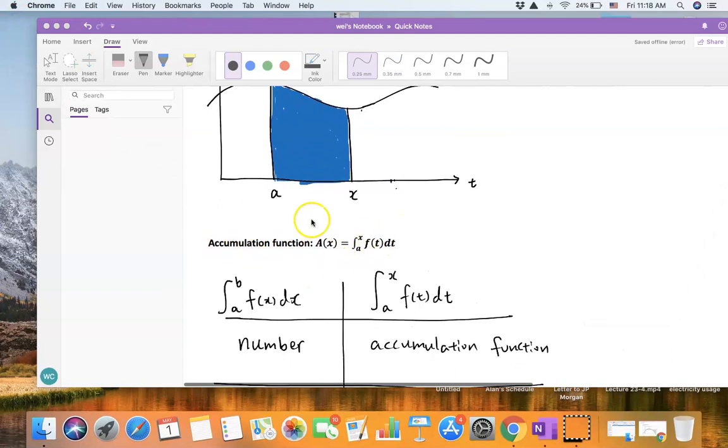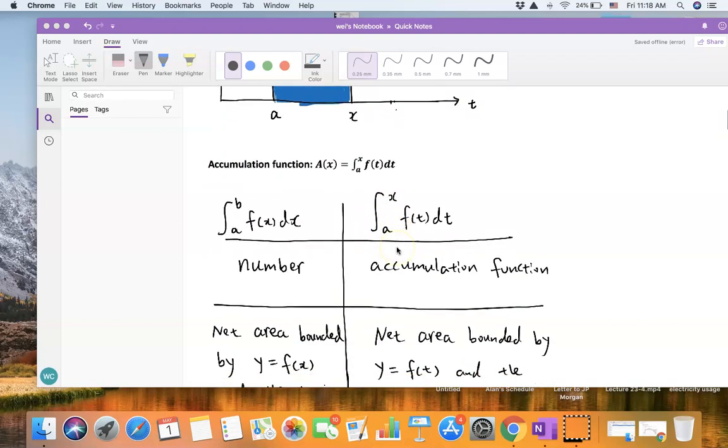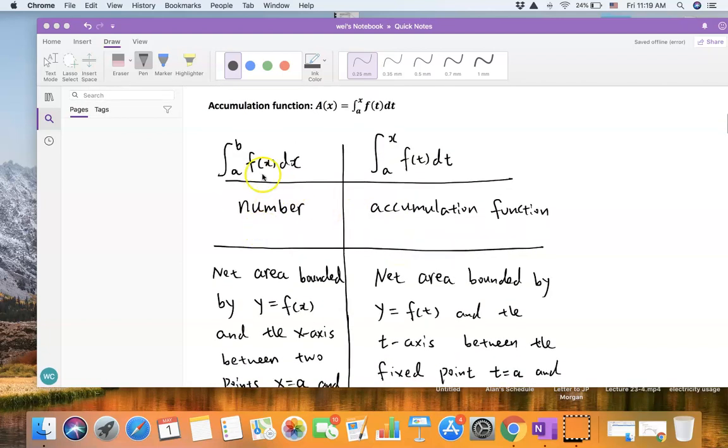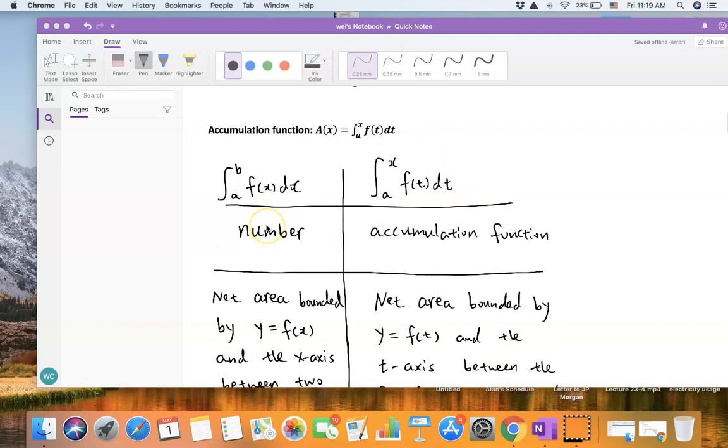So the accumulation function is defined by using a definite integral from a, which is a fixed number, to x, which is the variable, of f of t. The difference between a definite integral and an accumulation function is that the result of a definite integral is a number, the area of the bounded region.